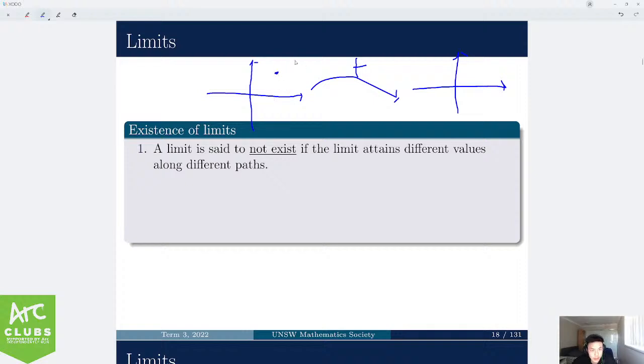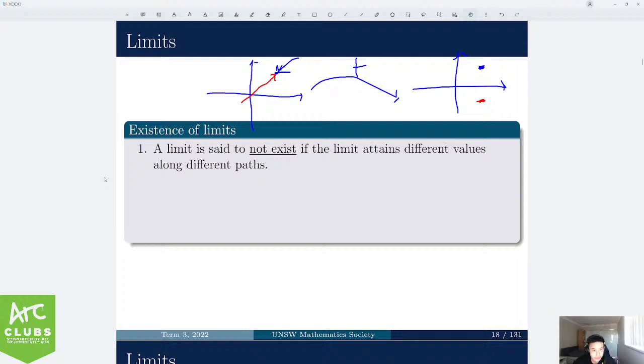If we have a look at the limit as we approach from this path, and say we get this point over here, but instead, if we approach from this path, and we get, say, this point over here, notice that these two points are not the same, and hence the limit attains different values along different paths, and the limit would not exist.